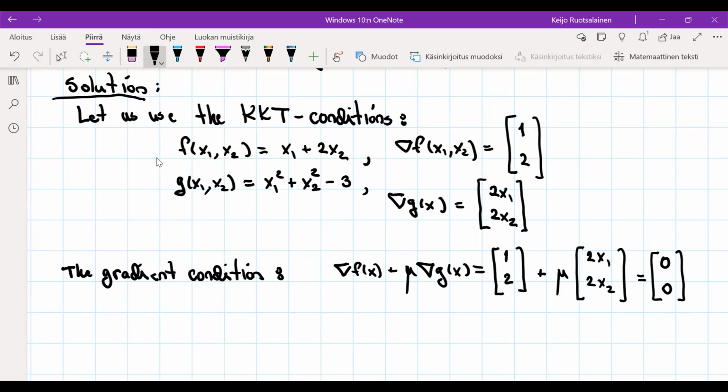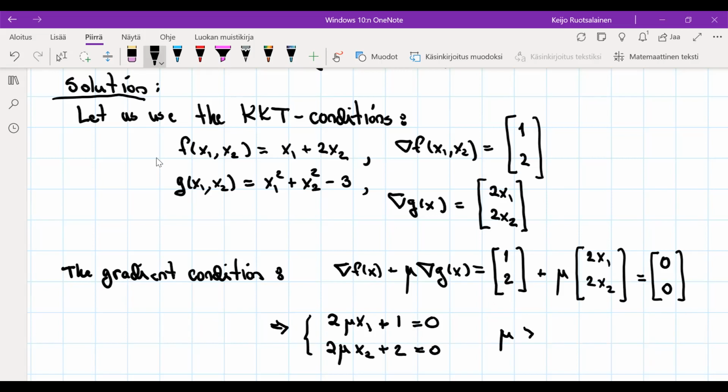And there we get a condition which says that 2 times mu times x1 plus 1 equals 0, and 2 times mu times x2 plus 2 equals 0.